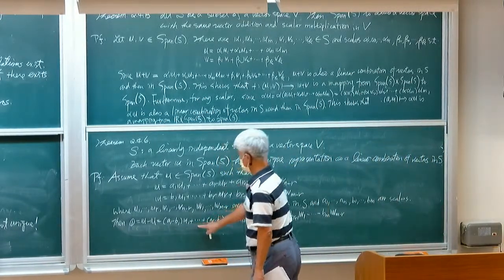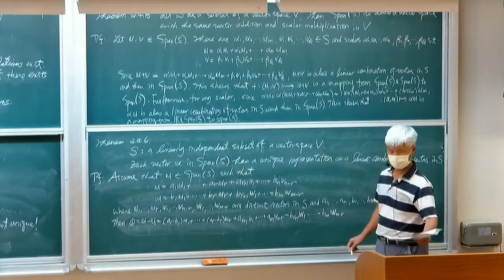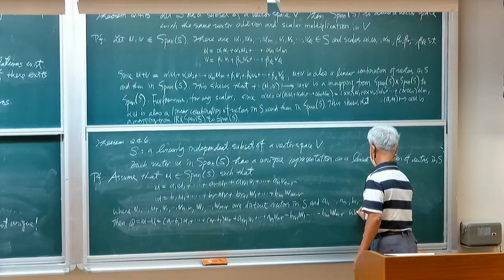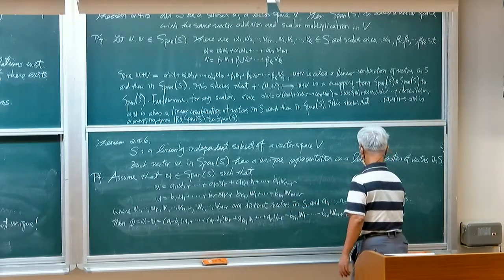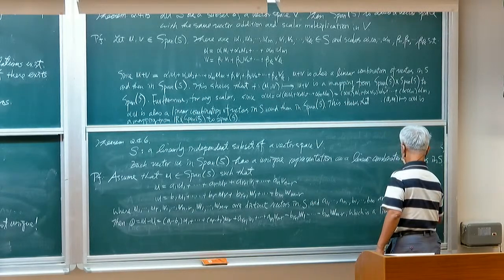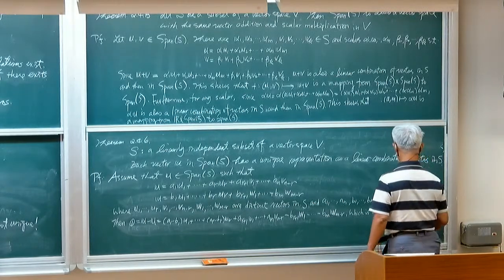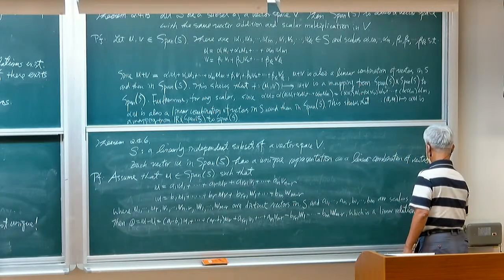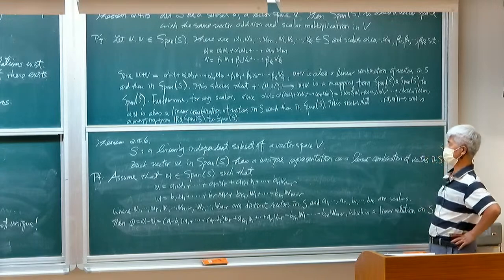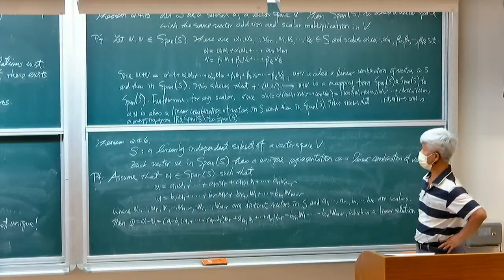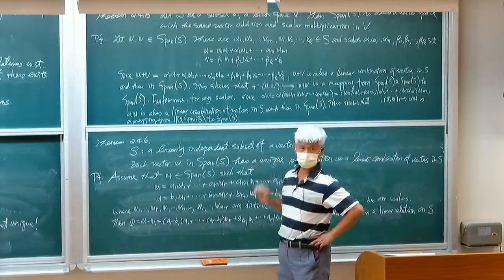Now, this is a linear relation, okay? So which is a linear relation on the set S, okay? So we have a linear relation. But the set S is linearly independent.